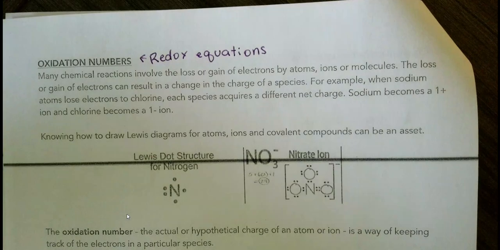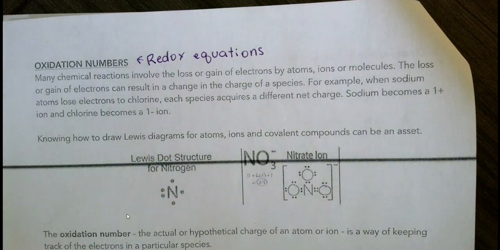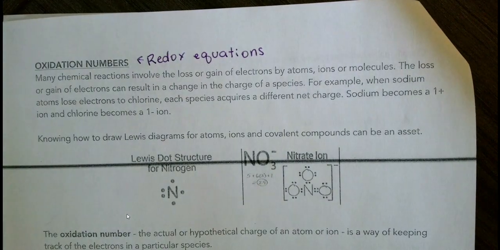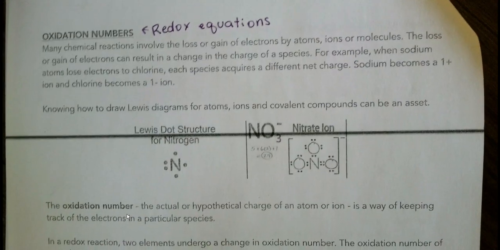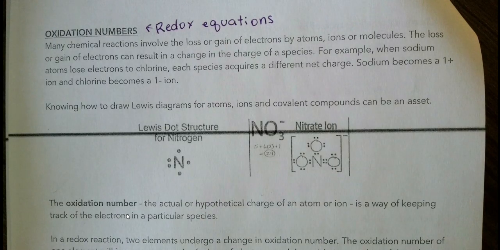Knowing how to draw Lewis dot diagrams for atoms, ions, and compounds can be an asset, but at the same time, I'm not going to worry about that too much.